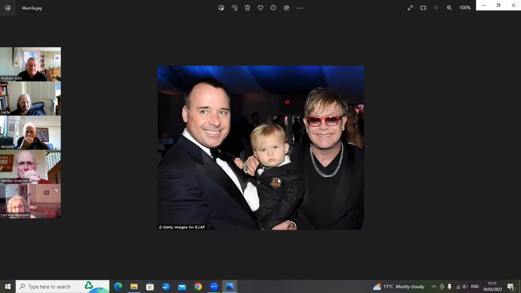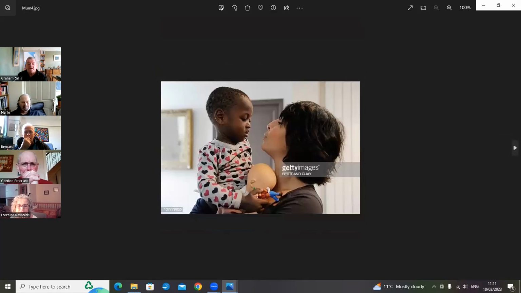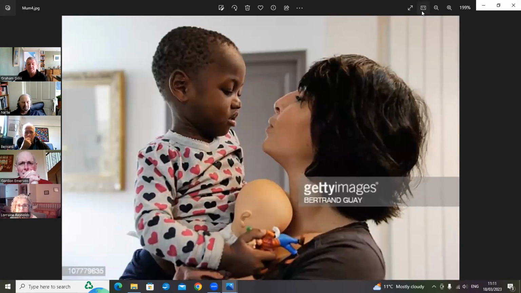Presumably mother doesn't figure very much in their lives. I don't know if the surrogate mother was involved in the child growing up. There you go. A child with two fathers, and I suppose a mother. Anyway, adoptive mother.